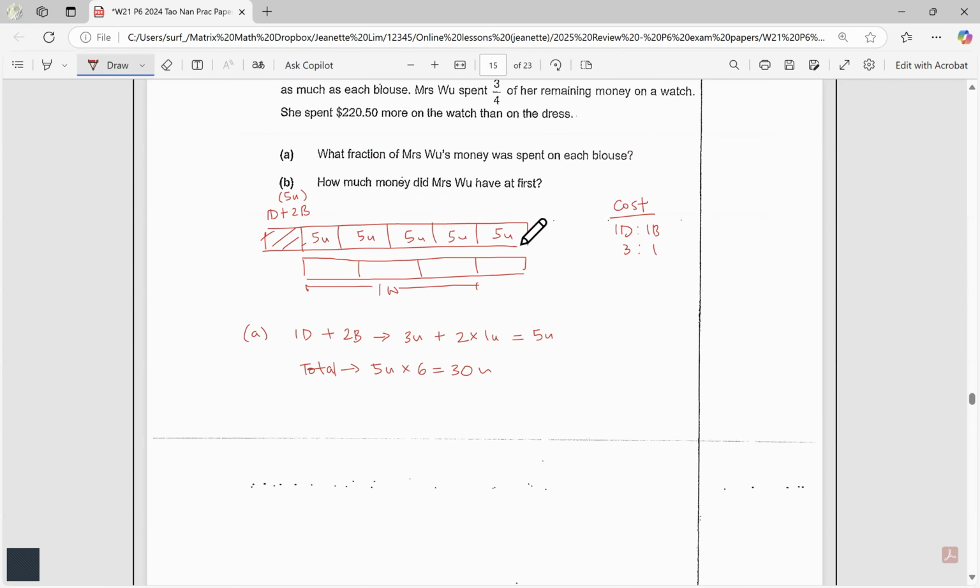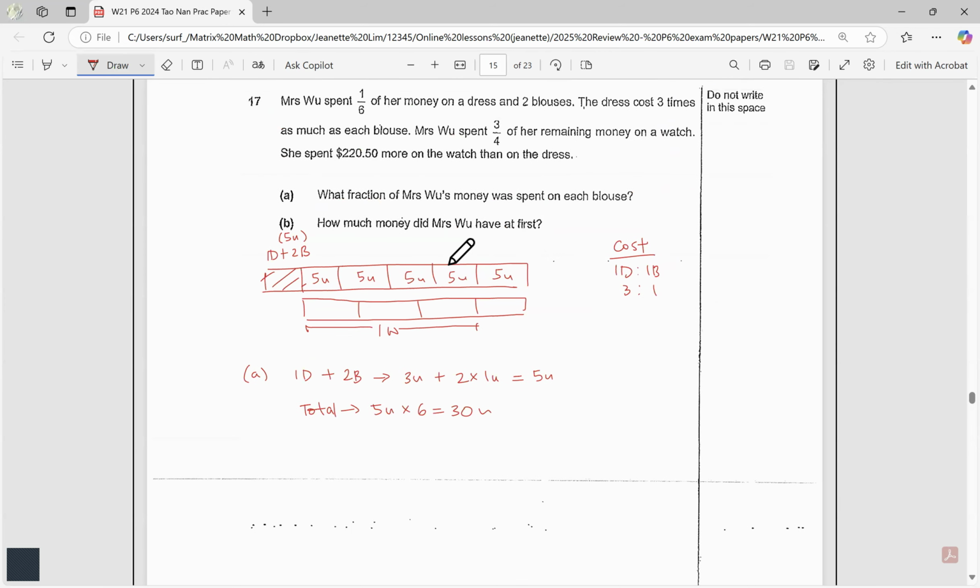Okay, then for part B, how much did she have at first? Okay, this 220.5, we're comparing one watch and one dress. So let's look for the watch. Okay, let's find the remainder first. The remainder would be 5 units times 5, which is 25 units. Now the remainder has to be split into four parts, right?